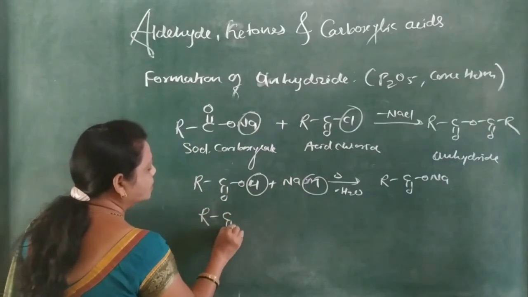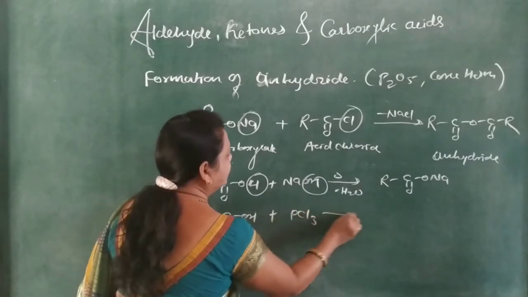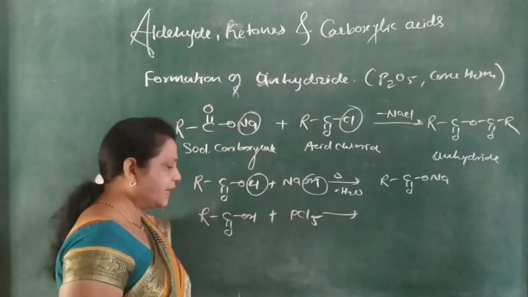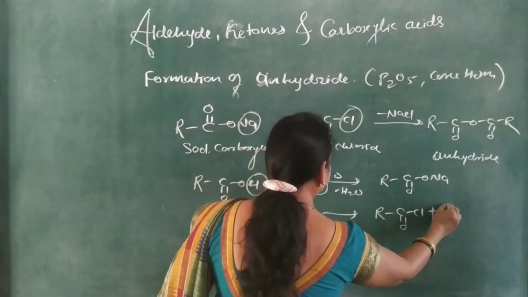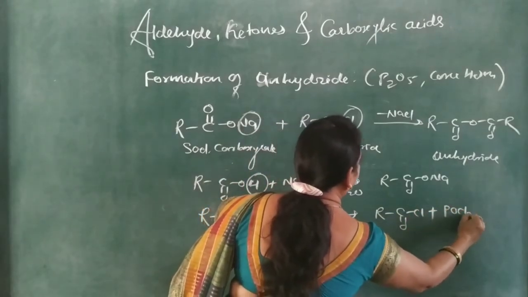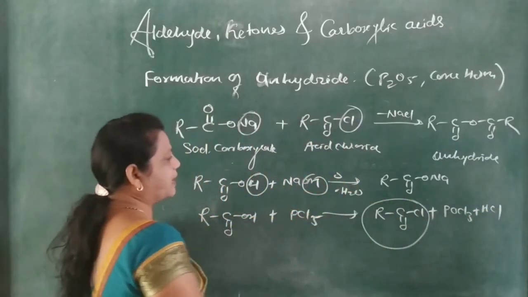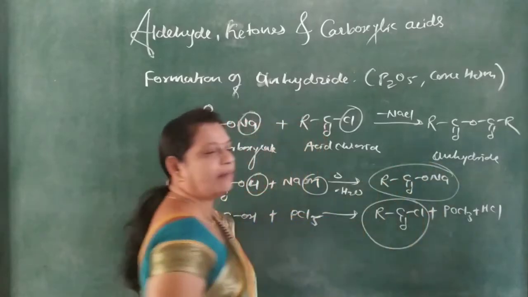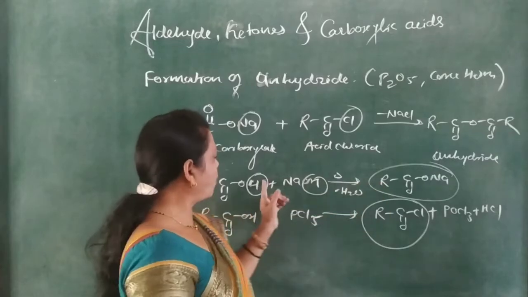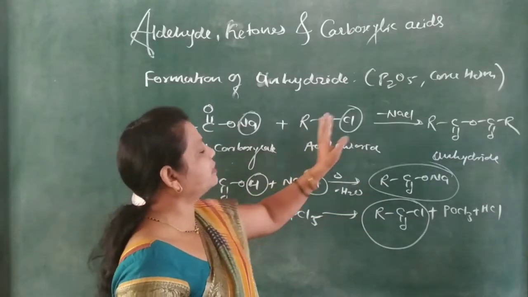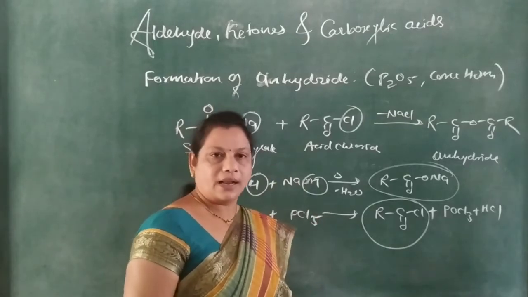And when carboxylic acid reacts with PCl5, PCl3 or SOCl2, it gives RCOCl plus POCl3 plus HCl. So the acid chloride and the sodium carboxylate are both obtained from the acid, and then they react with each other to form the anhydride. This is the easy way to prepare the anhydride.